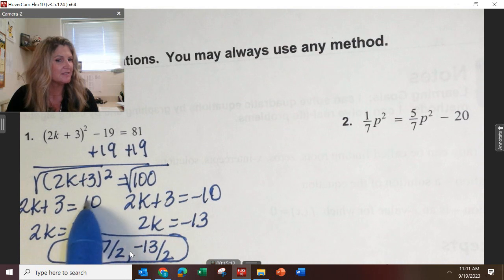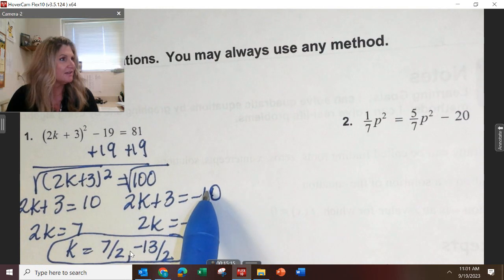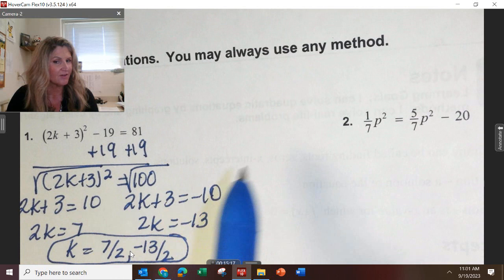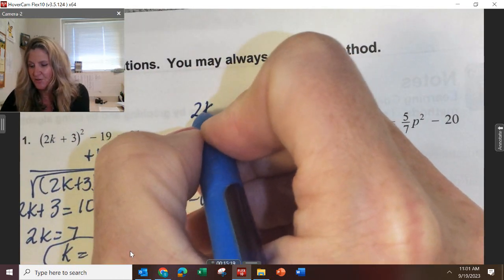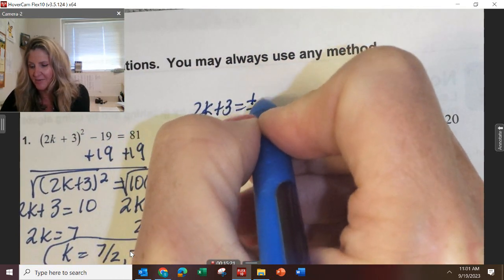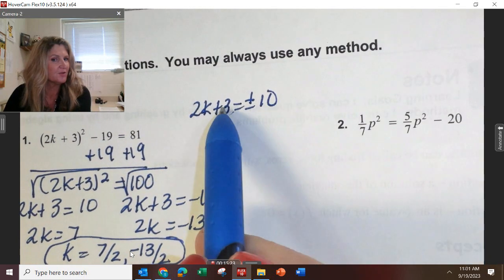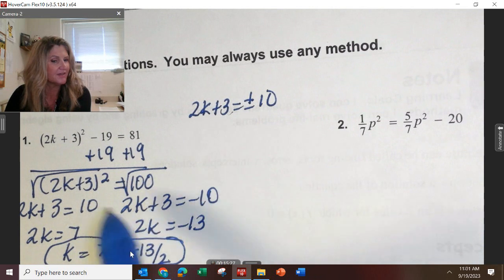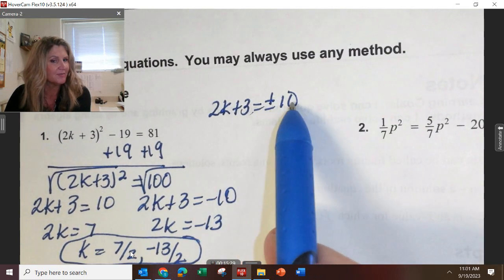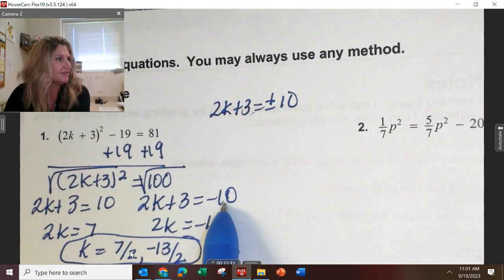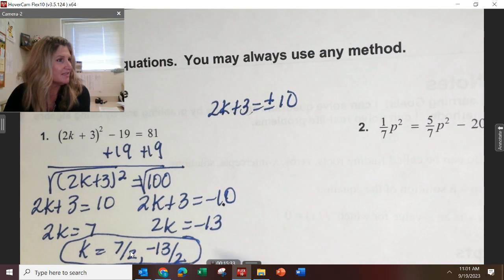I just wrote positive 10 here and negative 10 here. I just split it up instead of writing it as one and doing 2k plus 3 equals plus or minus 10. That's really hard to work with because I have to think 10 minus 3 and negative 10 minus 3. So instead of writing the plus or minus 10, I just put the positive 10 here, the negative 10 here. Does that make sense? Yeah.